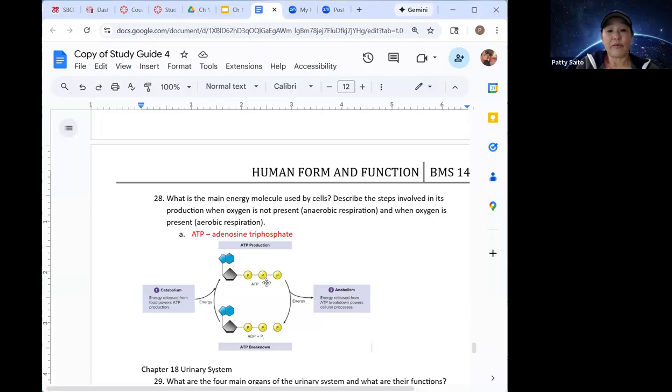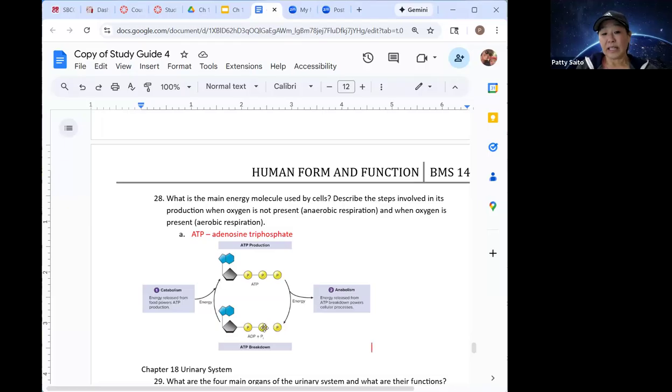Every time we break off a phosphate, we get energy released to power cellular processes. We take that energy to drive anabolism, to make bigger molecules. And here we have ADP now, adenosine diphosphate, with a separate phosphate.